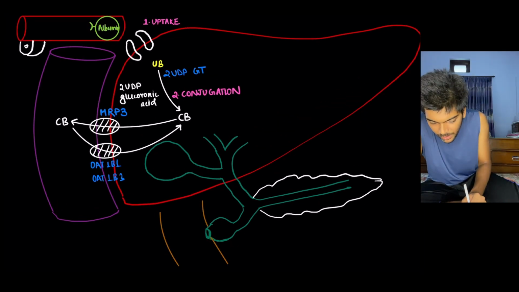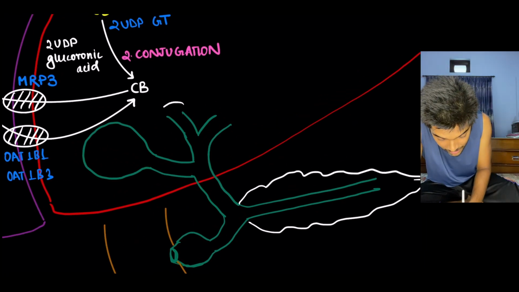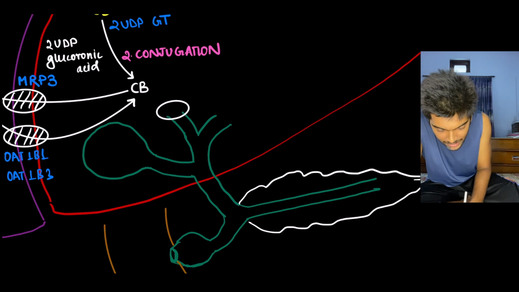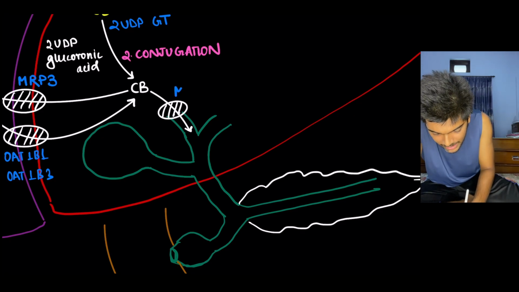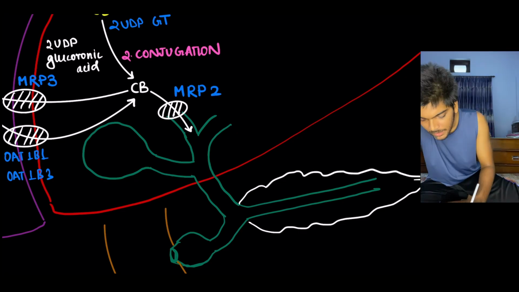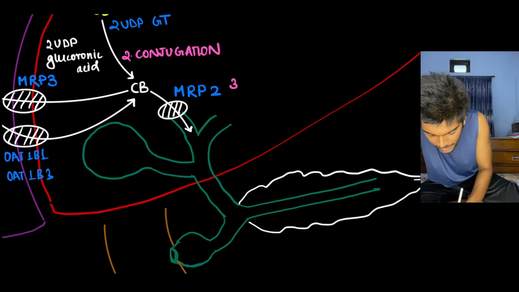The second fate is secretion. The third step, it gets secreted into biliary system. And that takes place with the help of another pump, that is multi-drug resistant protein 2. This step is referred to as number 3, secretion.